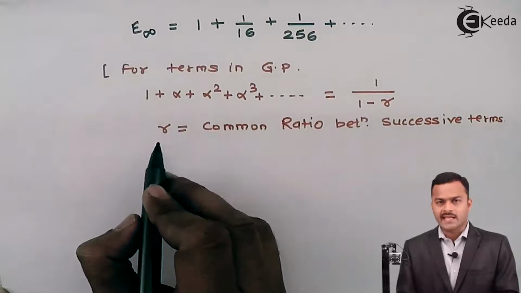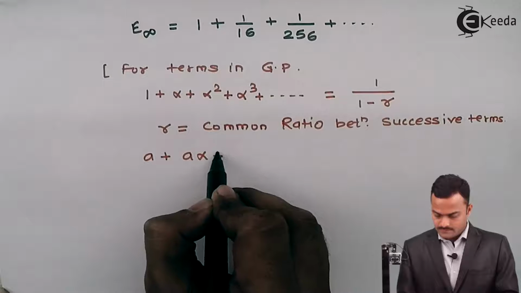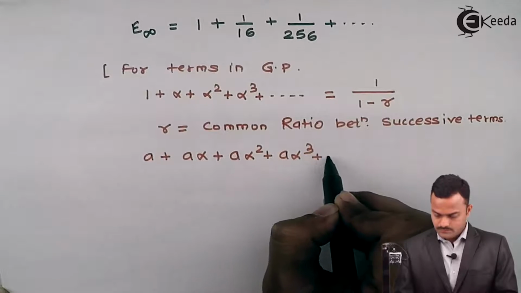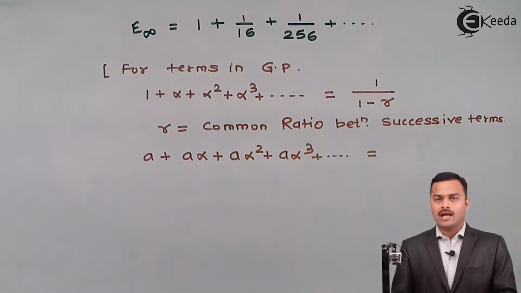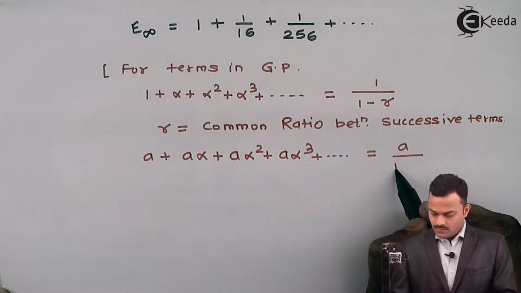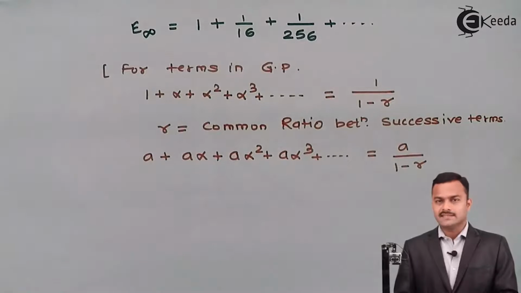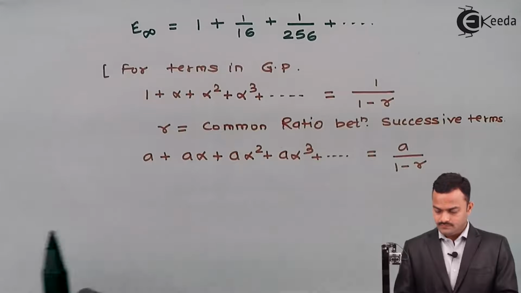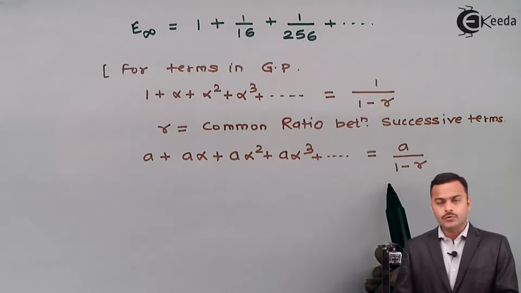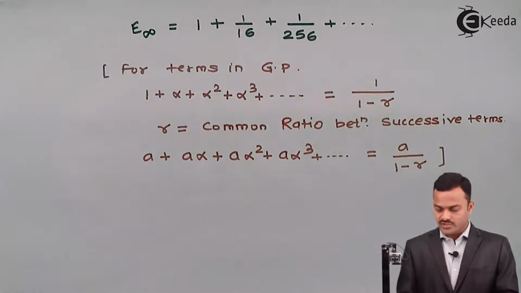But if the series starts from a, some constant, so you say a plus a alpha plus a alpha square plus a alpha cube, I can have the formula a upon 1 minus r, and once again r is the common ratio between successive terms. This formula we are going to use over here, because here also I'm getting terms in geometric progression.